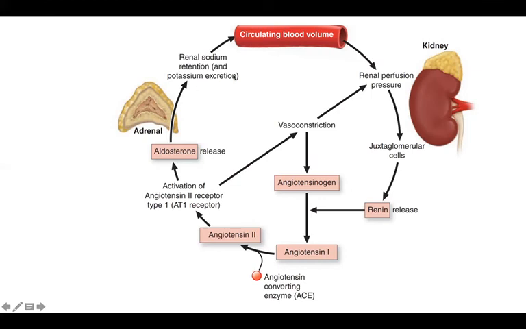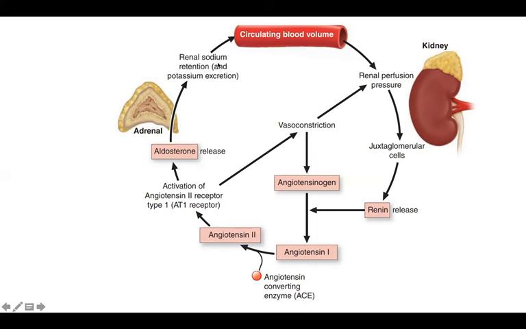So the entire picture is with hyperaldosteronism. If we have that, as you can see, you will get what? More sodium, that is hypernatremia, loss of potassium, that is hypokalemia, along with loss of hydrogen ions. So that will cause metabolic alkalosis.